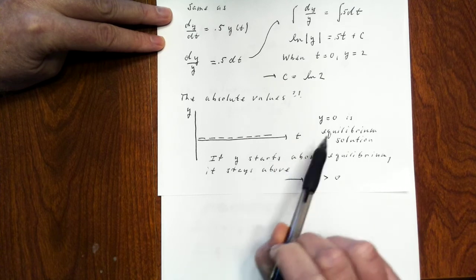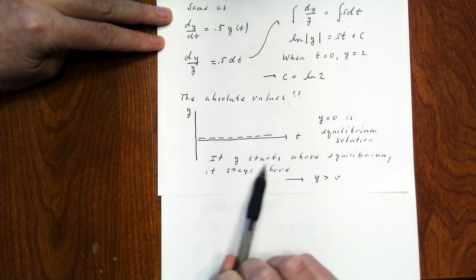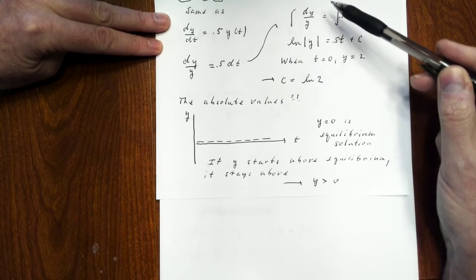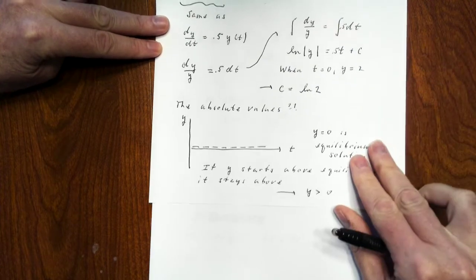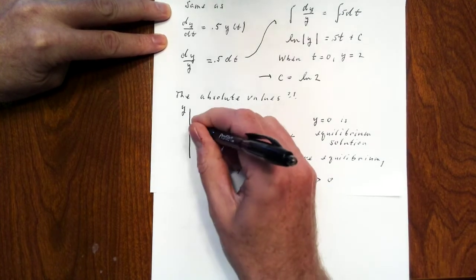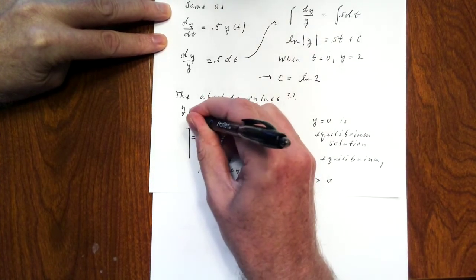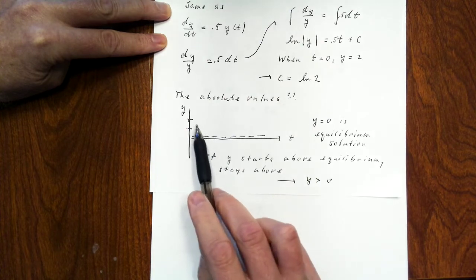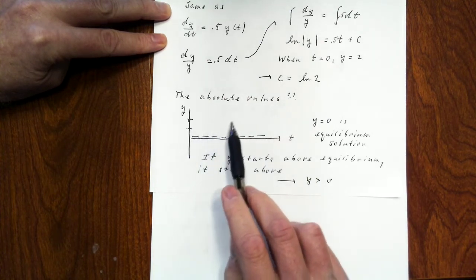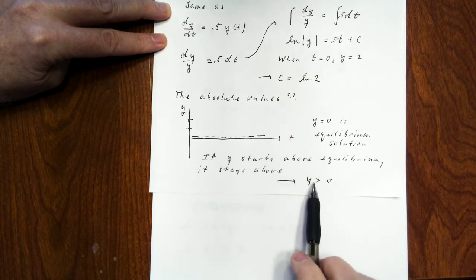Okay, so we know in our case that y starts above the equilibrium value because y of 0 is equal to 2. So that means our solution is going to start up here at 2. And because the solution cannot cross the equilibrium value, the solution has to stay up here where y is positive.